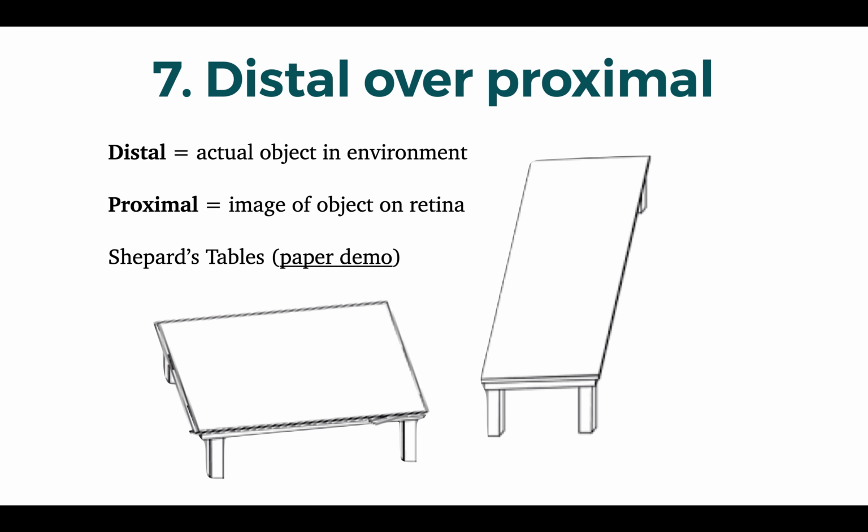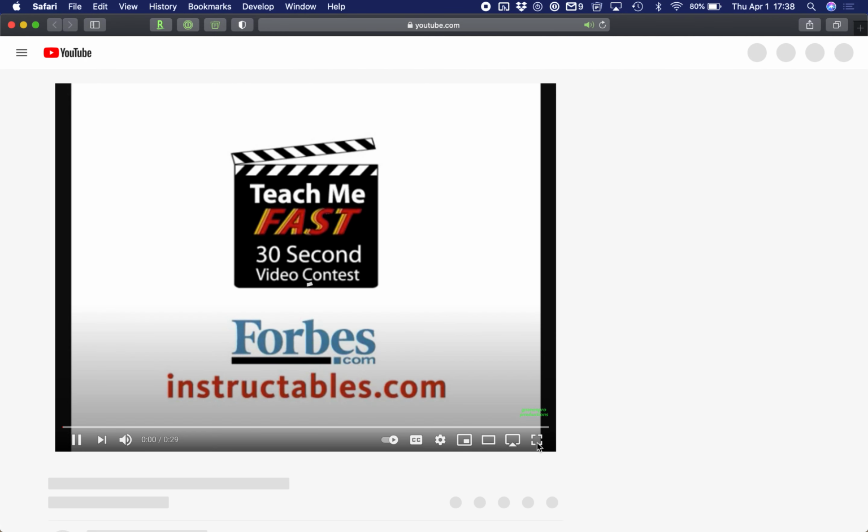It's the same shape. So once again, what's out in our environment is not what's actually reflected onto our retina. What we perceive to be coming in from our environment is not necessarily what's projected onto our retina. So here's a really cool demonstration of this done in paper.